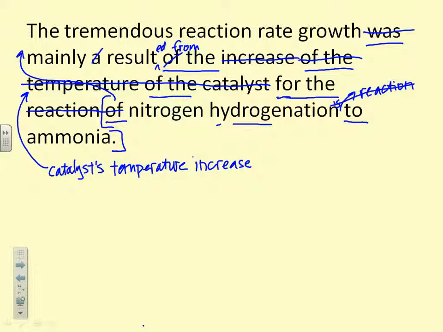Probably you can don't use hydrogenation. You suppose when nitrogen passed to ammonia, it was hydrogenation. You can say for the reaction of nitrogen to ammonia. The reaction of nitrogen to ammonia.